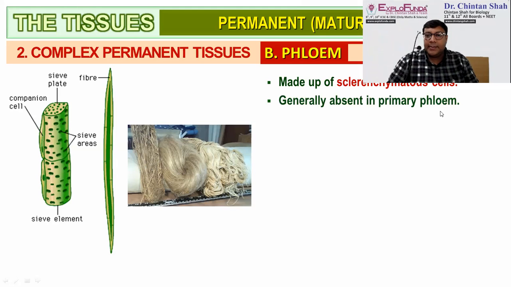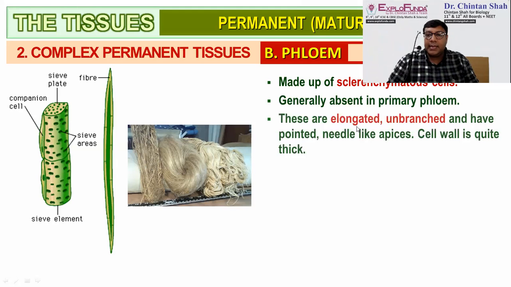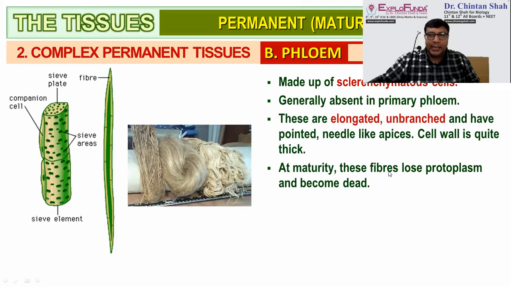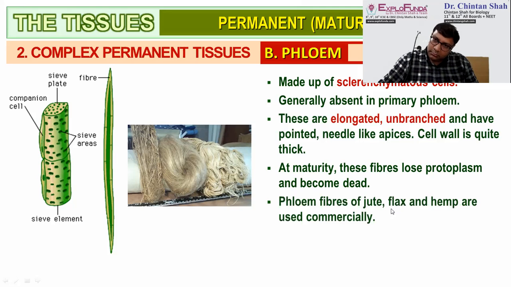Generally absent in primary phloem, these fibers are elongated, unbranched, with pointed needle-like apices. The cell wall is very thick, and at maturity these fibers lose protoplasm and become dead, because their function is just to give mechanical strength.